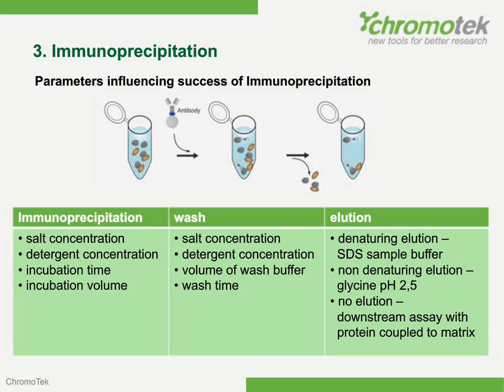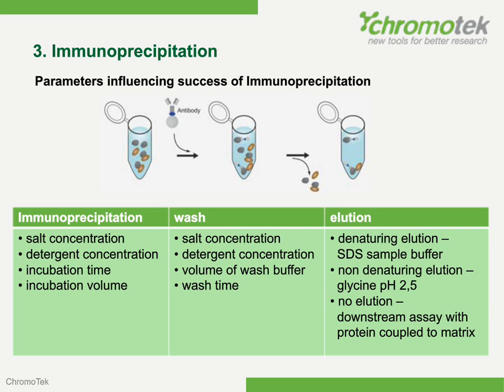But you also might have to optimize several other parameters. So during your actual immunoprecipitation, you can play around with the salt and detergent concentrations. And you can also try to adjust time and volume of your immunoprecipitation reaction.